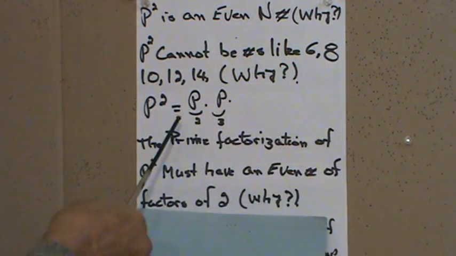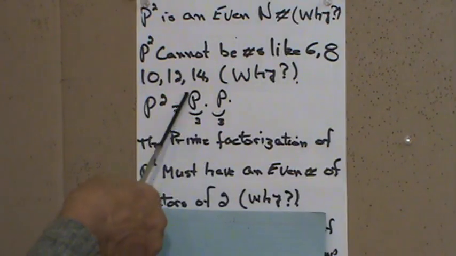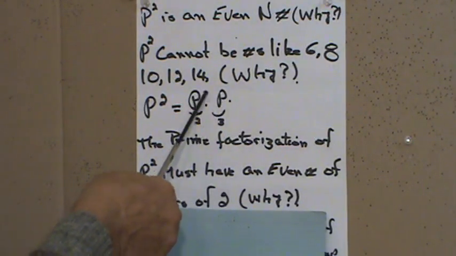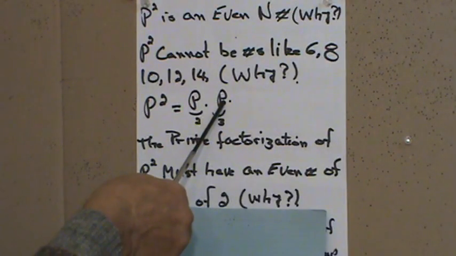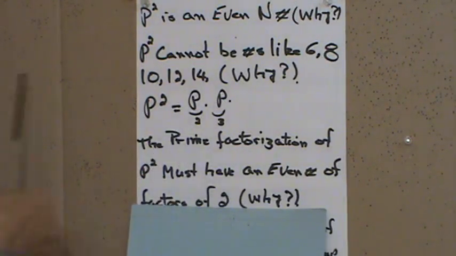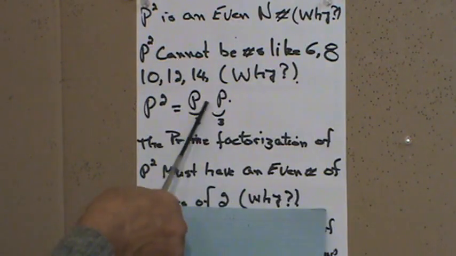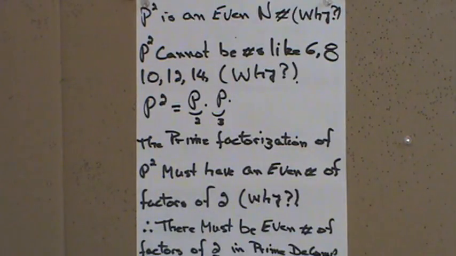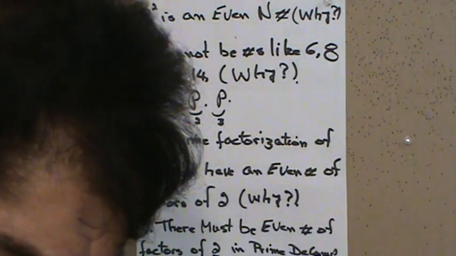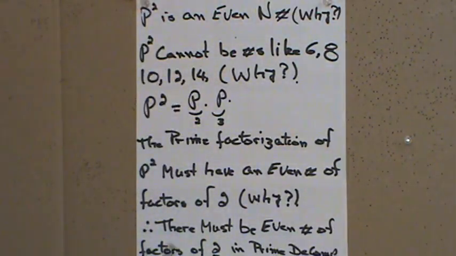I already mentioned, because if one of them has two factors of 2, the other one also has the same two factors of 2, so the number of them will be 4, which is even. So this will have an even number of factors of 2. I've written this for you, for those who like to take notes.